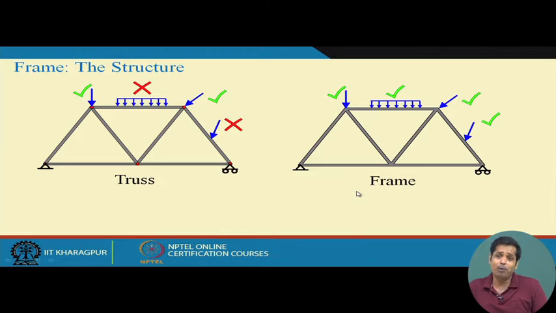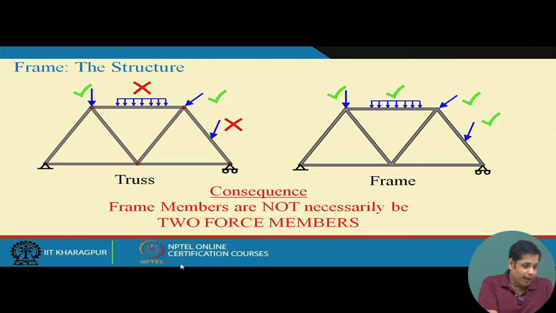From the analysis point of view, what is the consequence of releasing this restriction? When we study structural analysis of truss, what makes our life easier is that all the members in a truss are two force members.